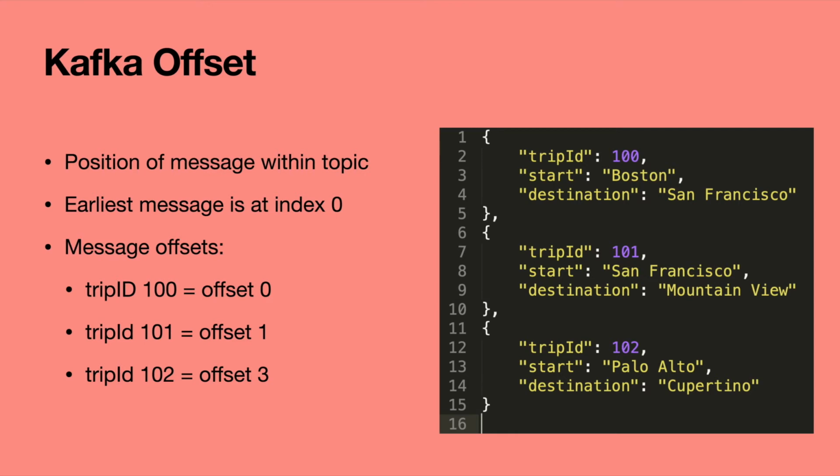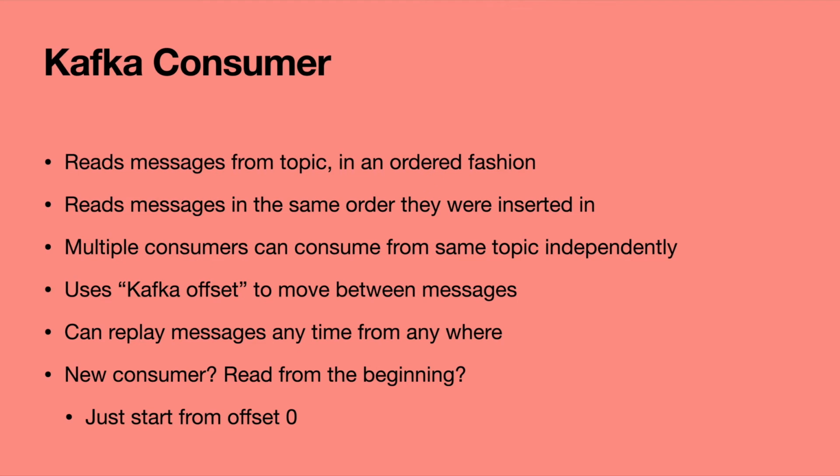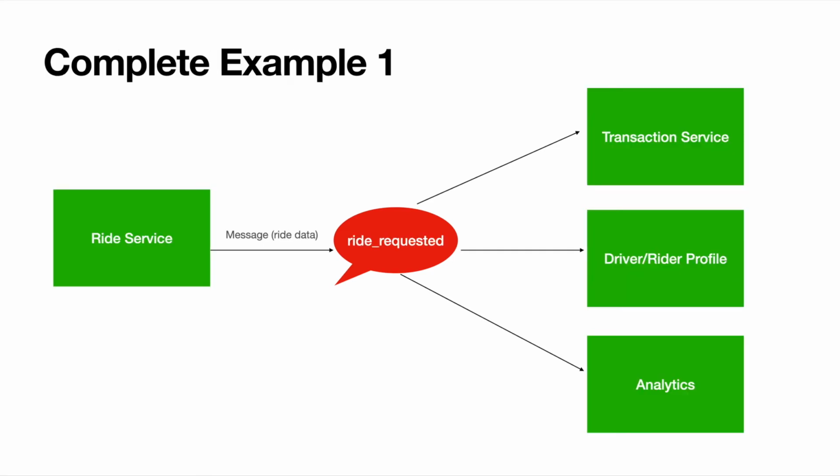We went through what a Kafka offset is and how it makes it easy to move between messages. Kafka producers are pretty much anything that's writing to a topic. Consumers are what's reading from the topic in an orderly fashion. And then we went through the basic architecture examples, just giving you an example of how everything fits together.